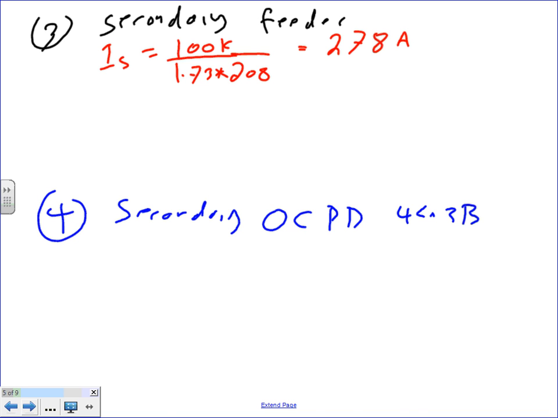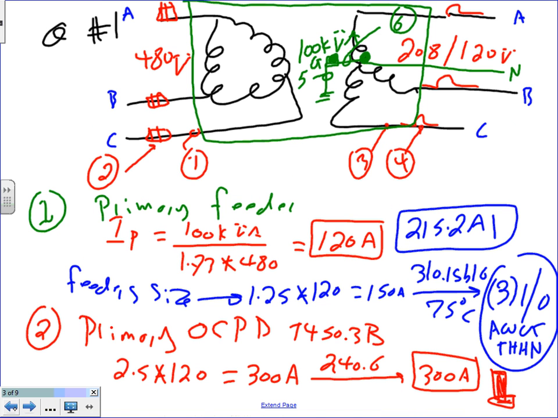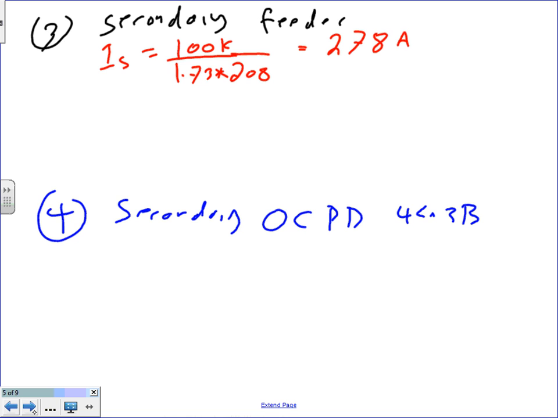Now the same thing. I'm going to use the same reference here, 215.2A1. This is sizing for feeders.